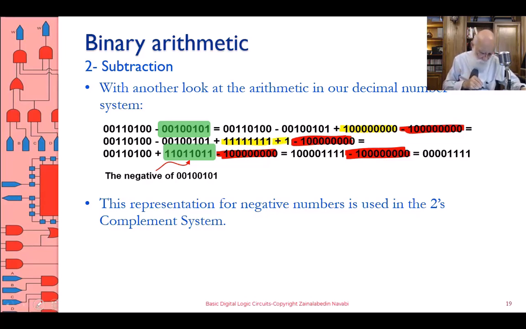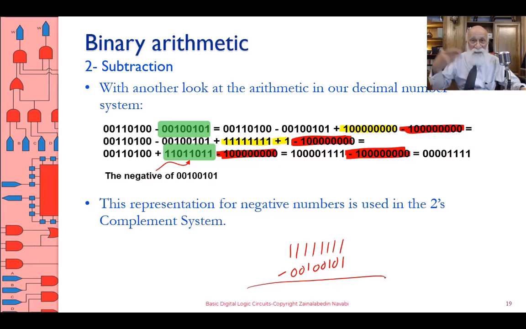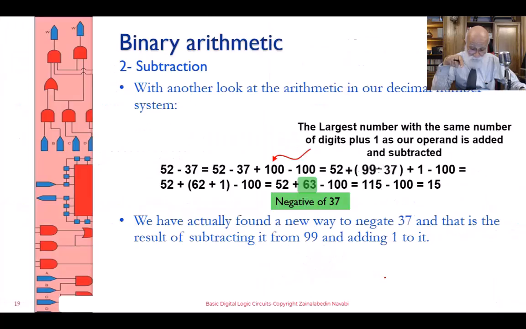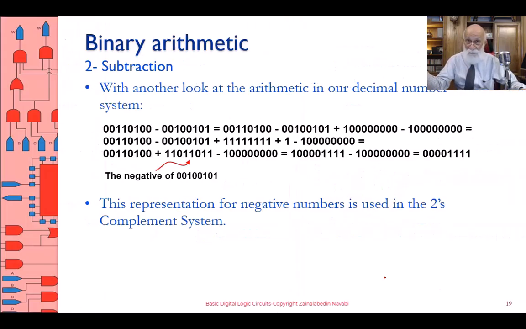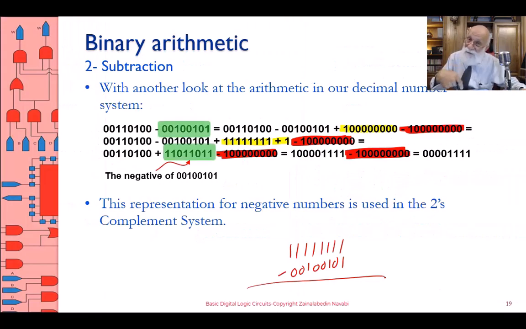I perform 1 1 1 1 1 1 1 1 minus 0 0 1 0 0 1 0 1. That's an easy subtraction. Like in the previous decimal case, where I was subtracting 37 from 99, there is no borrowing there, so neither is there borrowing here. So let's perform this subtraction.